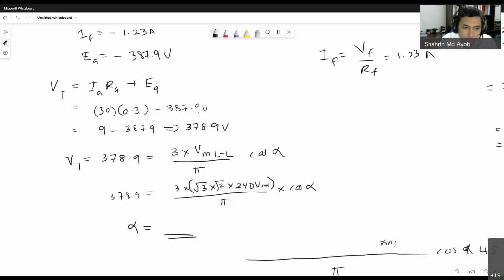Oh, this one. Sorry, this one should be negative. Negative 378.9. So this one should be negative.